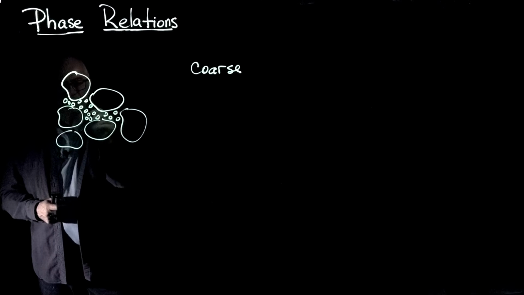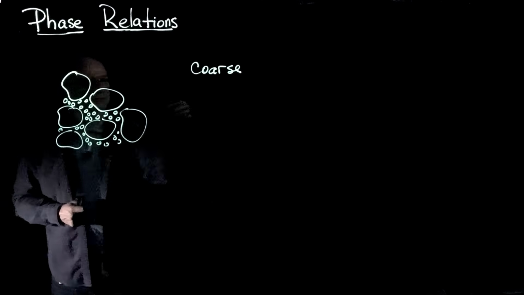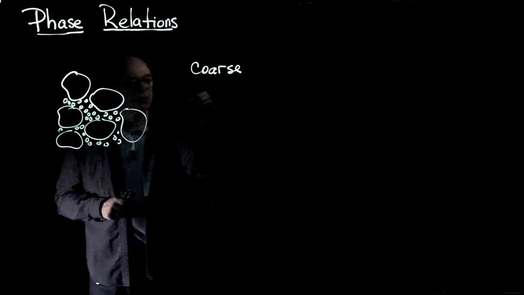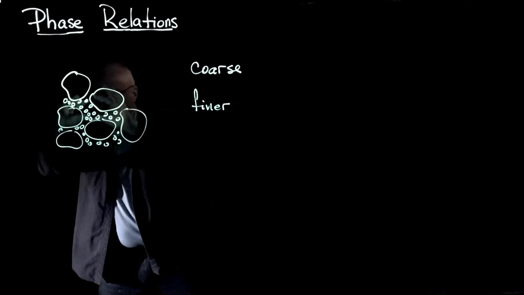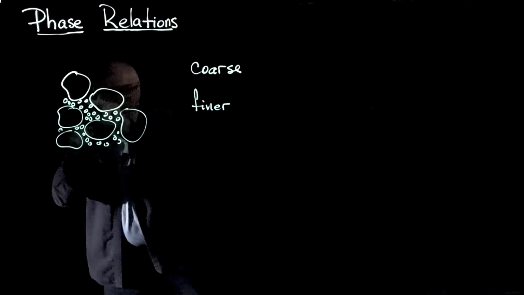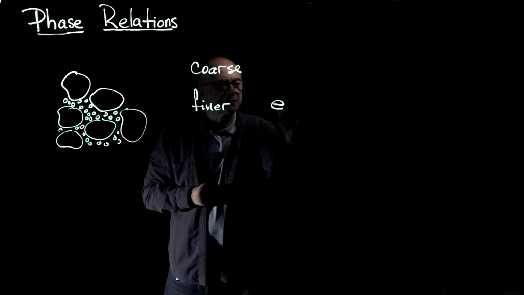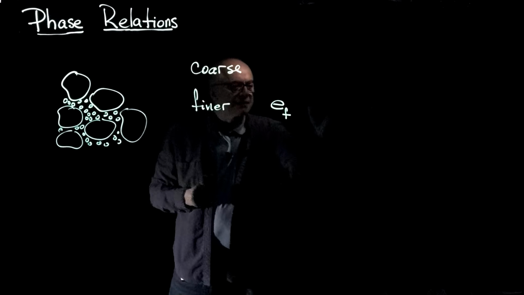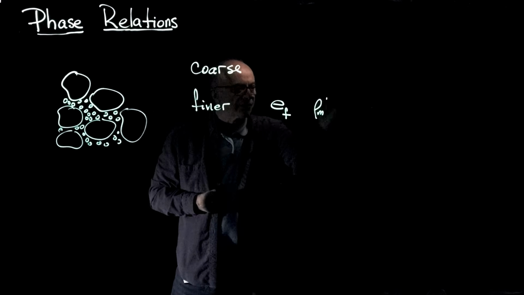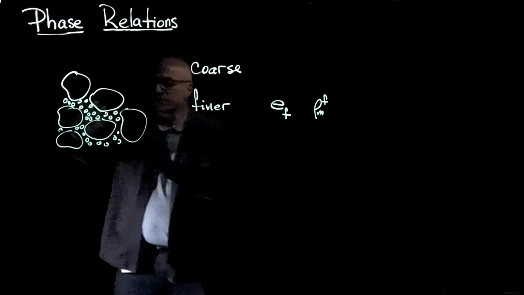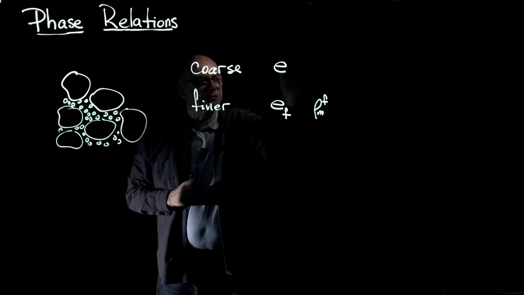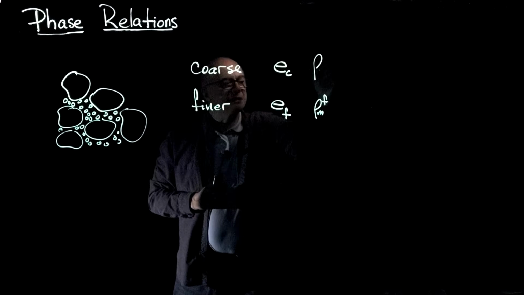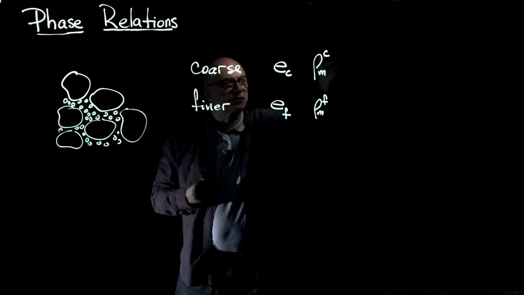If I zoom in to the arrangement of the finer grains, I'm going to call them finer, the finer grains in that narrow region are packed at the void ratio of fines, and have their own mineral mass density for the fines. And the coarse, if I forget about the presence of the fines, will be packed at the void ratio for the coarse, and has a mineral mass density that corresponds to the coarse.